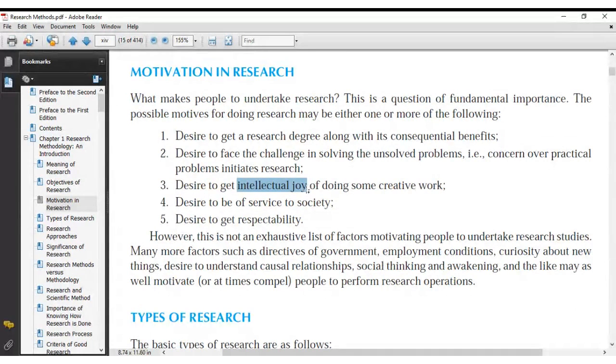Then number 4, there are people who research in order that they can be of service to society. Now, this is called philanthropic desire. It is the desire to be of service to the society. You are not gaining anything from it, but through your research, you are able to serve the society.